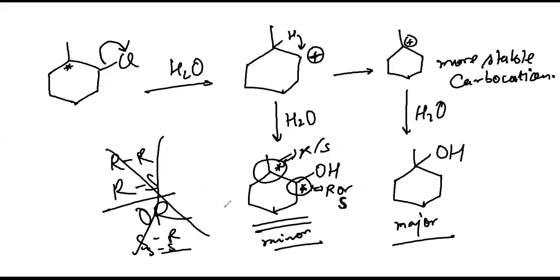No racemization. First of all, we don't talk about the minor product in general. Now what about the major product? Do we have a chiral carbon in the major product? No, sir. No chiral carbons. So will there be any racemization?